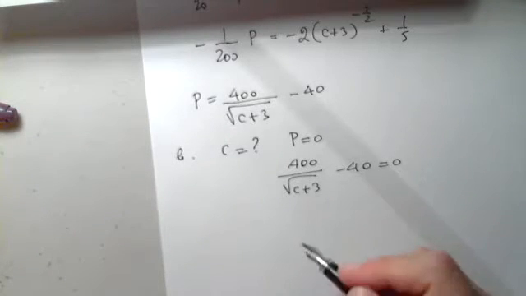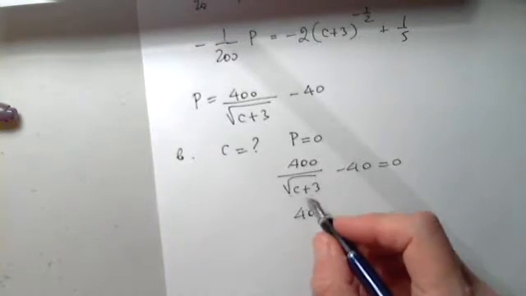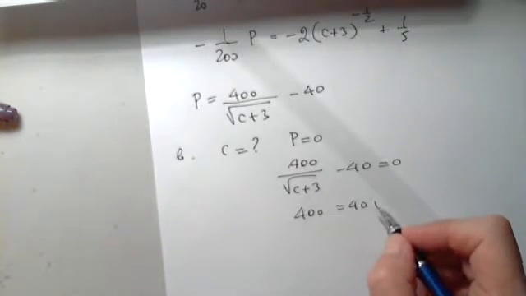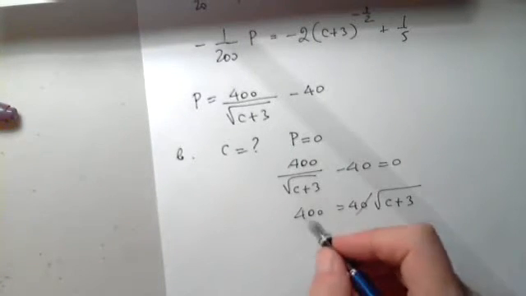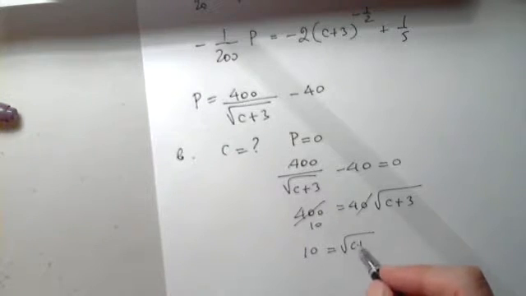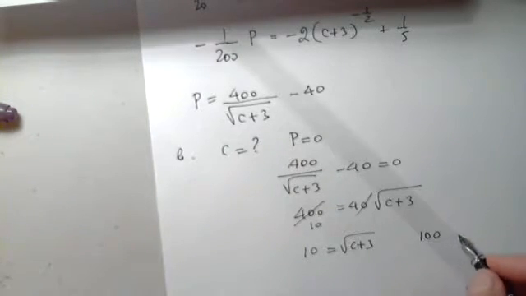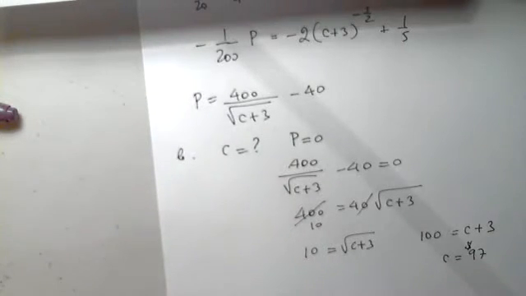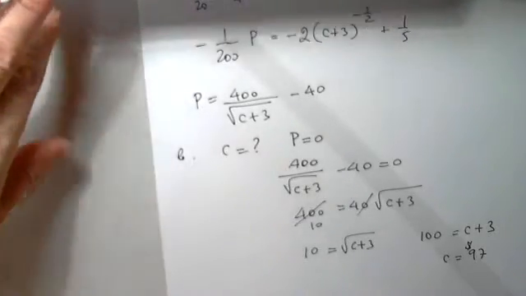I move 40 to the other side and multiply both sides by the square root. So I have 10 equals the square root of C plus 3. I square both sides, 100 equals C plus 3. C appears to be 97. So $97 will break even.